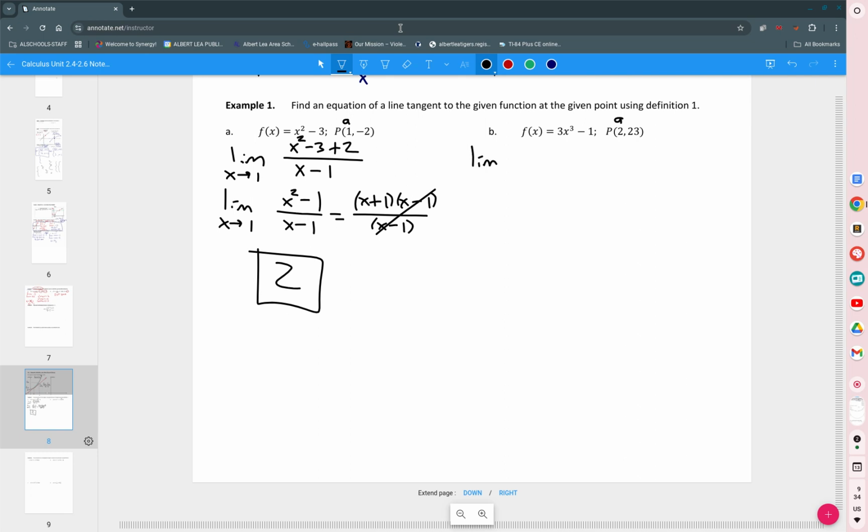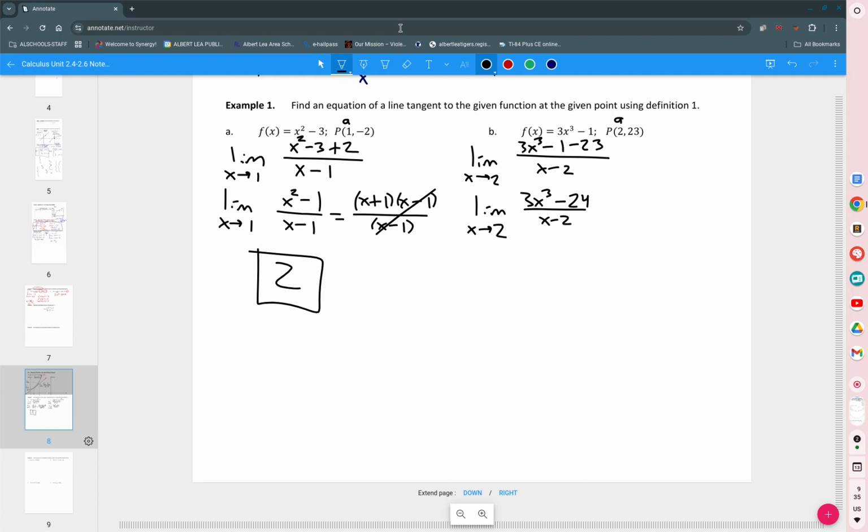Limit as x approaches 2 of ... minus 1 minus 23 is 23, all over x minus 2. Great. So now I have the limit as x goes to 2 of 3x cubed minus 24 over x minus 2.